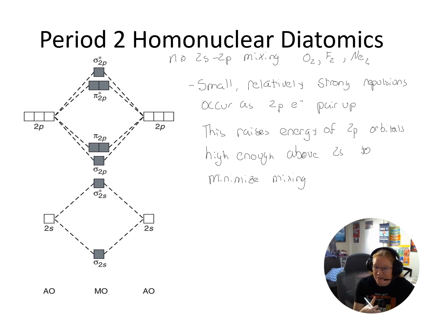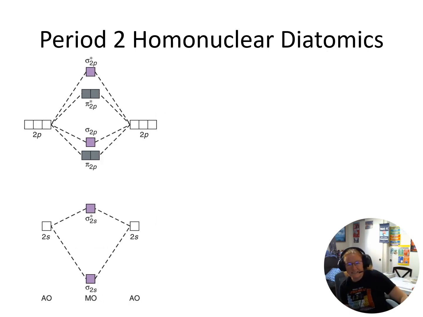Now, our other 3. Remember, atoms get smaller as we go across the periodic table. So oxygen, fluorine, and neon are smaller than boron, carbon, and nitrogen. When we look at boron, carbon, and nitrogen, they're a little bit bigger, and so we see some mixing there. You see our pi 2p occurs lower than our sigma 2p.